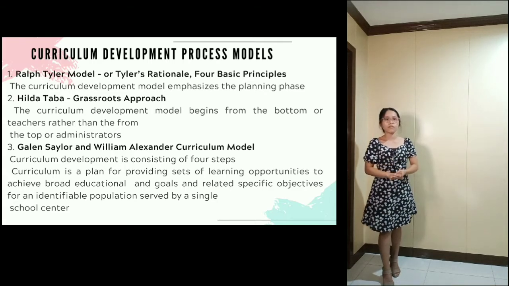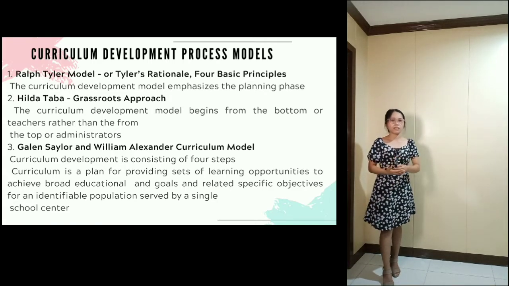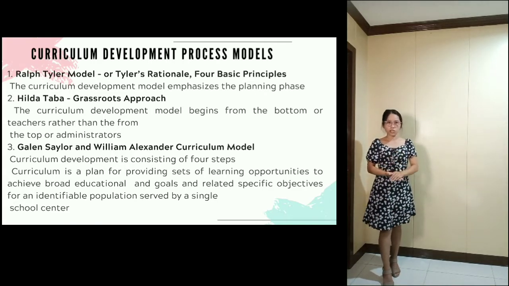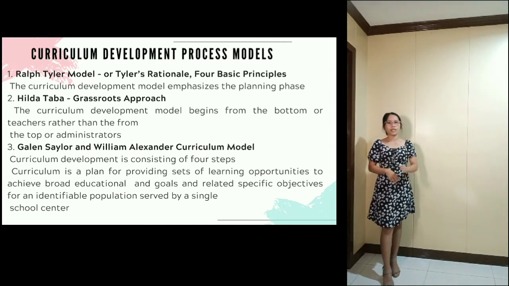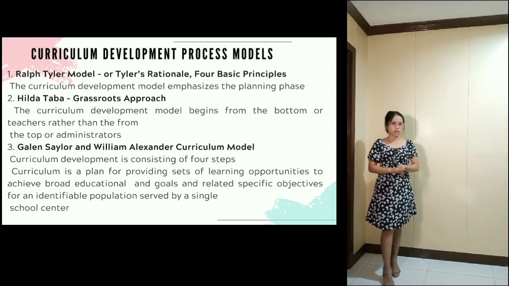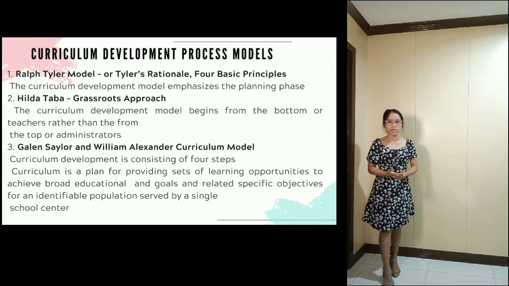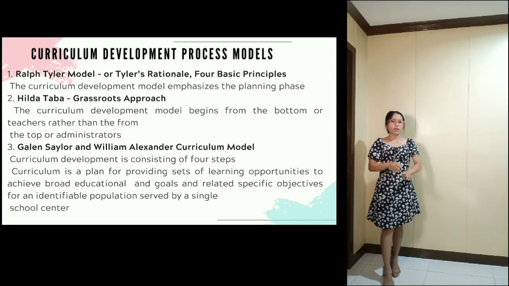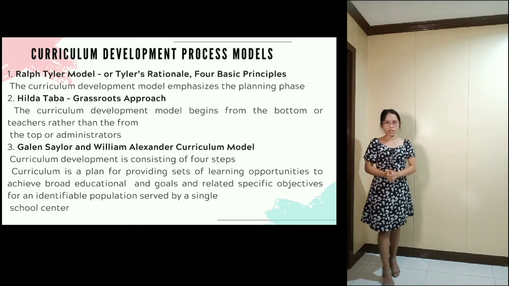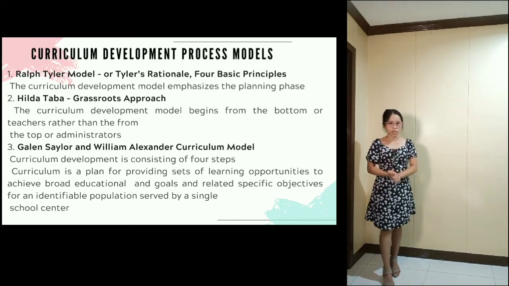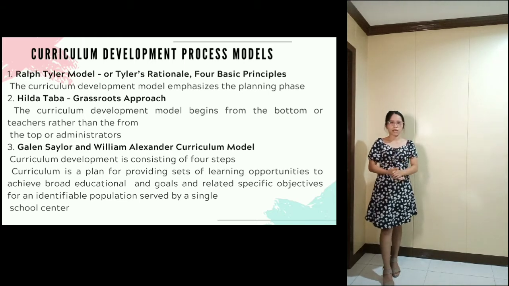It is the curriculum development model that begins from the bottom or teachers rather than the top or the administrators. Third is the Galen Saylor and William Alexander model. The curriculum is consisting of 4 steps. Curriculum is a plan for providing sets of learning opportunities to achieve broad education goals and related specific objectives for an identifiable population served by a single school center.